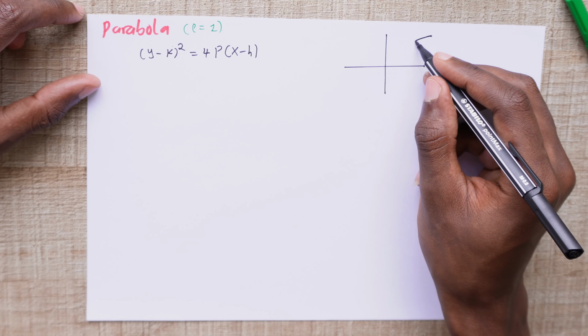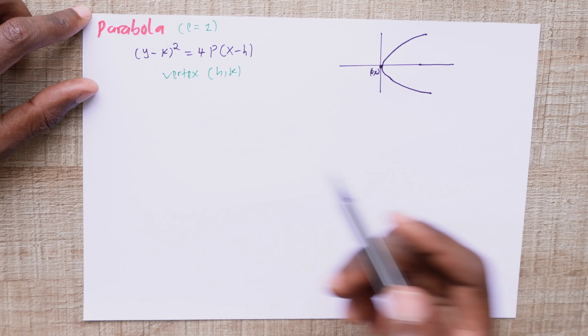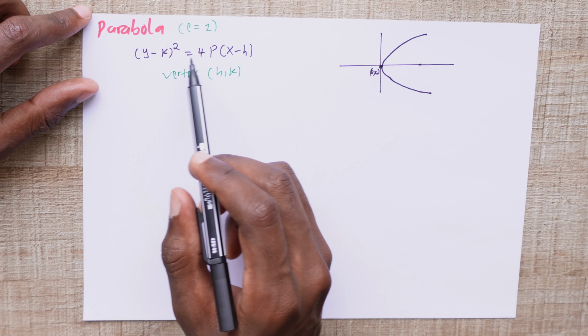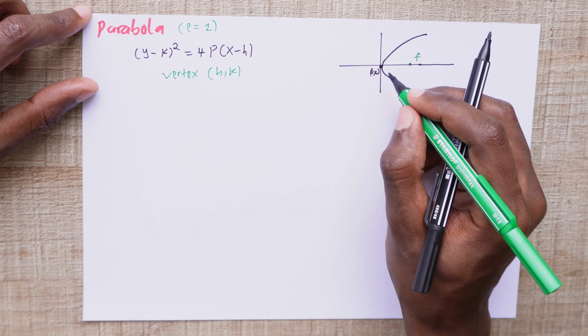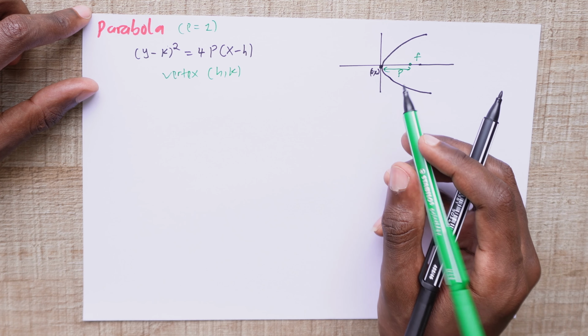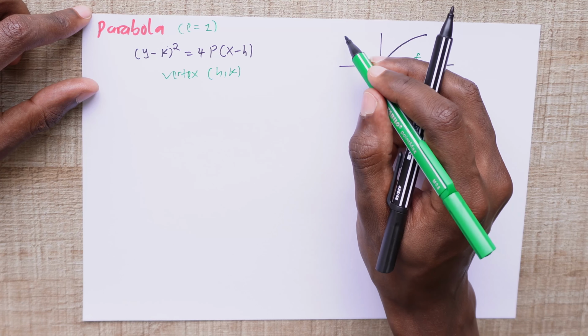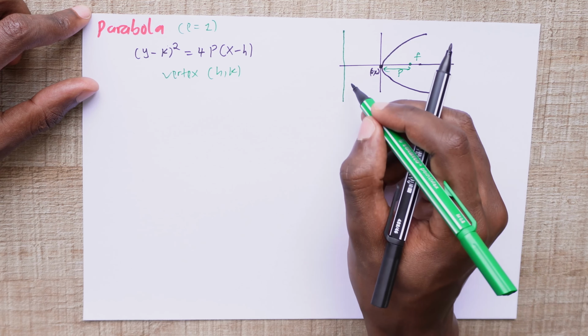So h and k here represent the coordinates of the vertex, h, k. So the parameter p here is the distance from the vertex to the focus. Here there is just one focus, so this is p. But it's also the distance from the vertex to an imaginary line that we called the directrix before.